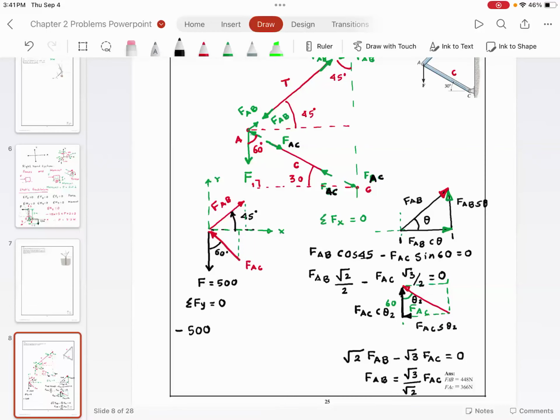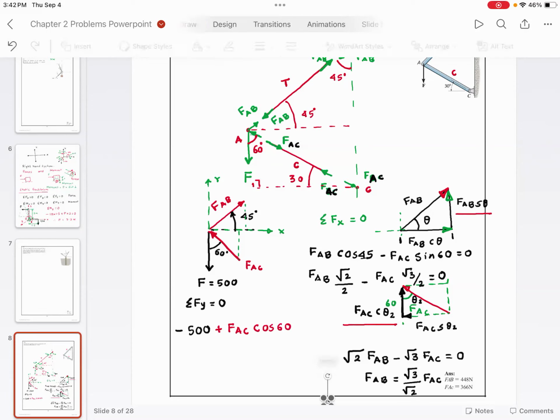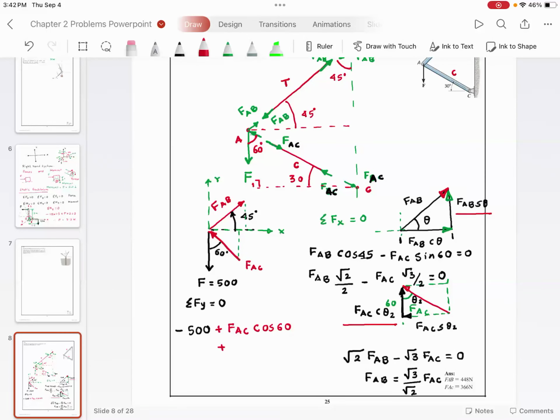I have the cosine component of FAC, so plus FAC cosine 60. And then I have one more component, which is FAB sine theta, so plus FAB sine 55 is equal to 0.